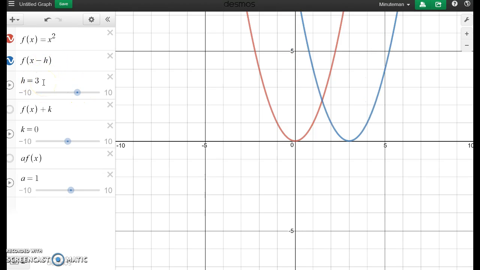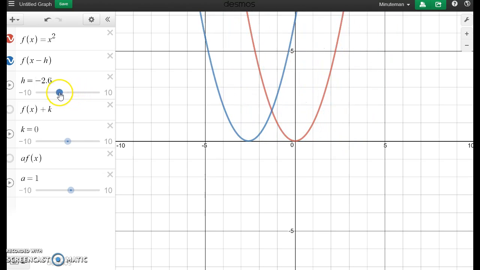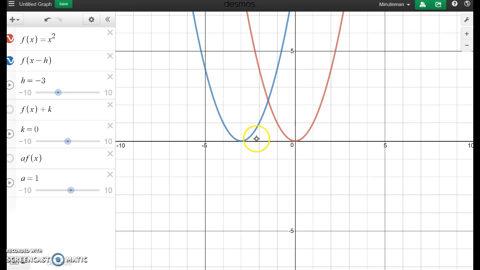Right now h is 3, and you can see that it's 1, 2, 3 units to the right of where it started. And if I make h a negative number, for example -3, that means it's f of x minus -3, or f of x plus 3, and that represents a shift of 3 units to the left.